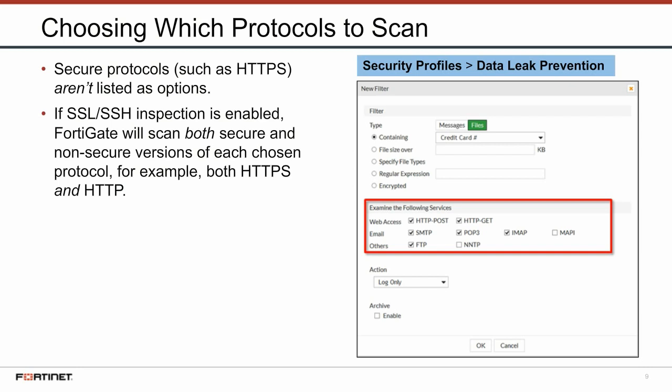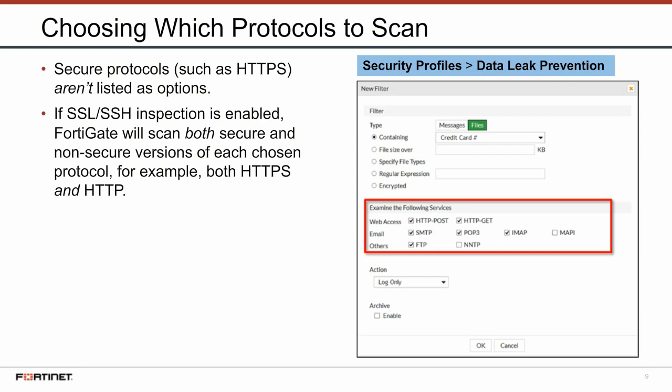In the Examine the Following Services section, choose which network protocol should be scanned. Like other security features, secure protocols aren't in the list of network services that can be scanned. However, if you enable SSL SSH inspection, specifically deep inspection, FortiGate will scan each protocol that you choose and its secure equivalent.